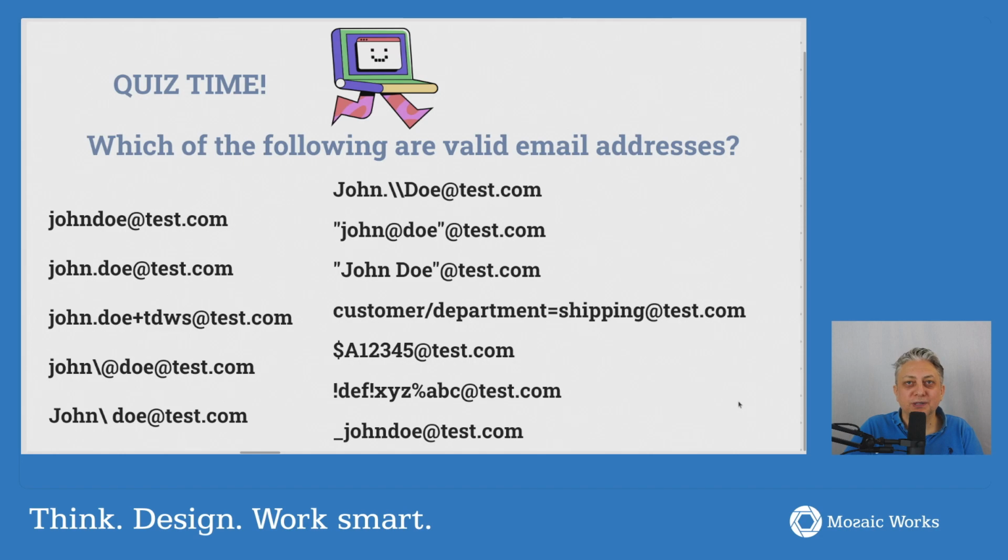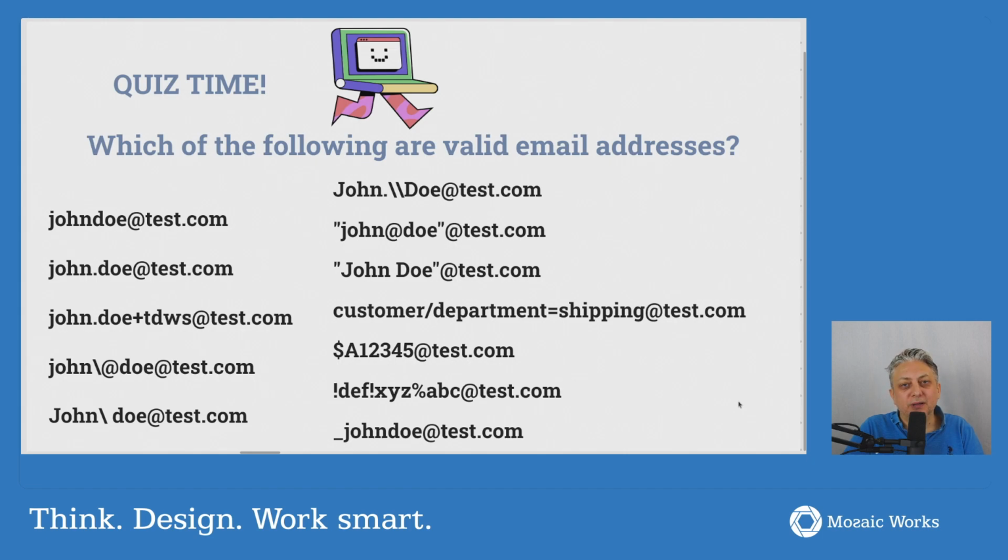And I have a quiz for you. Which of the following do you think are valid email addresses? Or which of the following are invalid, if you prefer? So you have a few examples. johndoe@test.com. This is obviously valid. john.doe@test.com, obviously valid as well.